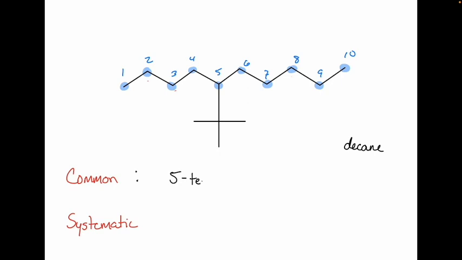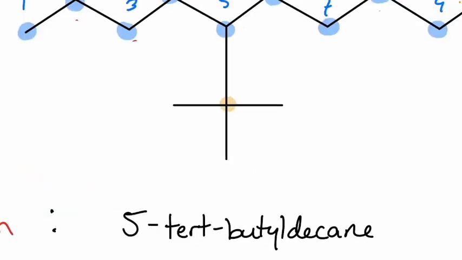In order to figure out its systematic name, we got to kind of repeat the process, find the longest set of carbons, 1, 2. So that's an ethyl. It's got these two methyl groups on there.